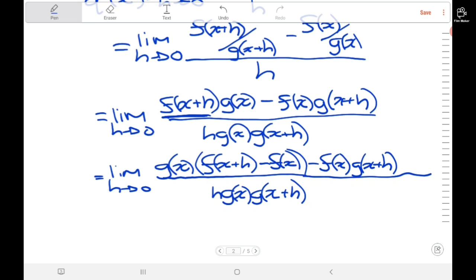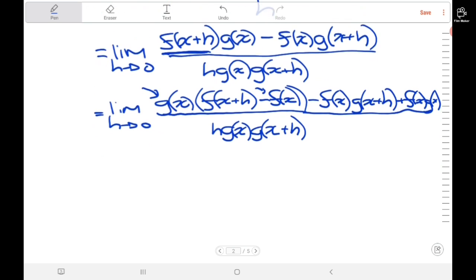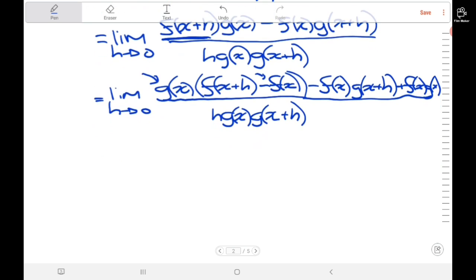We have this g of x multiplied by negative f of x. So we're going to have to account for that now by also adding it in. So now this line is equivalent to the previous line.